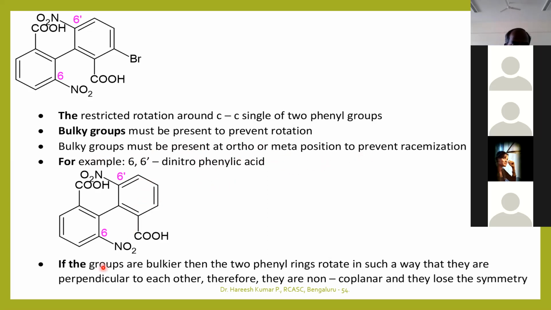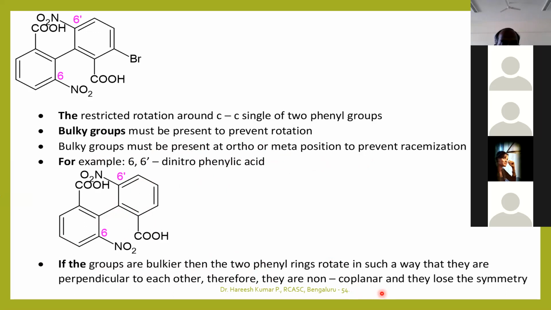This is the example. If the groups are bulkier, then the two phenyl rings rotate in such a way that they are perpendicular to each other. Because of that, the biphenyl compound becomes non-coplanar.